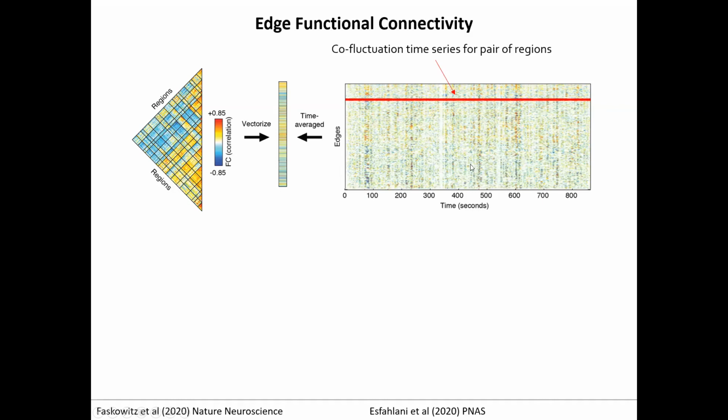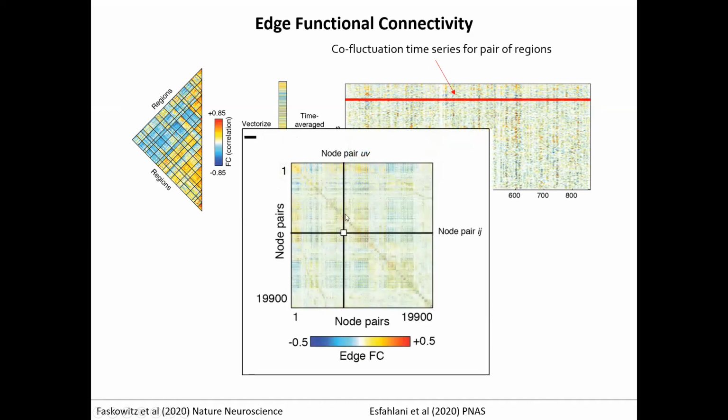Now, what we can then do, and in fact, Josh has done this in a nice paper that came out in Nature Neuroscience last year, is we can take these edge time series and in turn create a functional connectivity from them. We call that the edge functional connectivity, which is now a similarity of the edges, not the nodes. This gives us a much larger matrix, which is a little bit of a nuisance with respect to analytics, but that's the way it is.